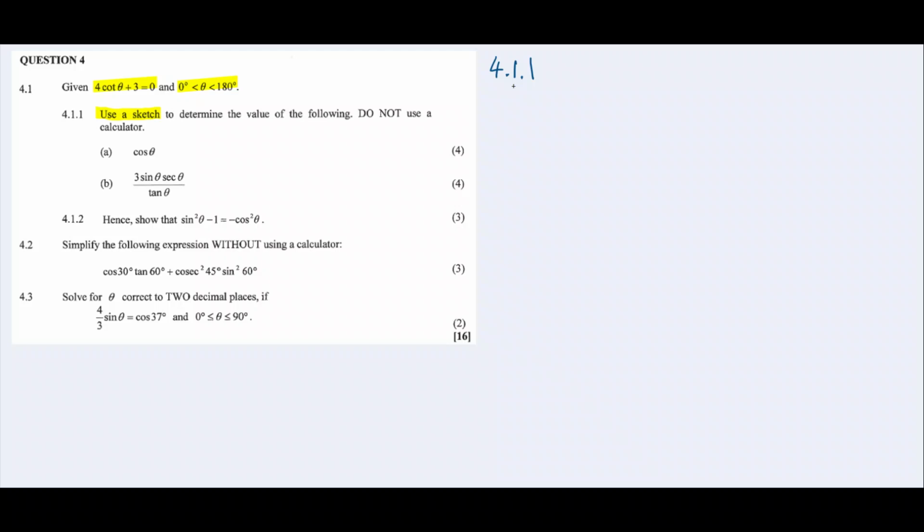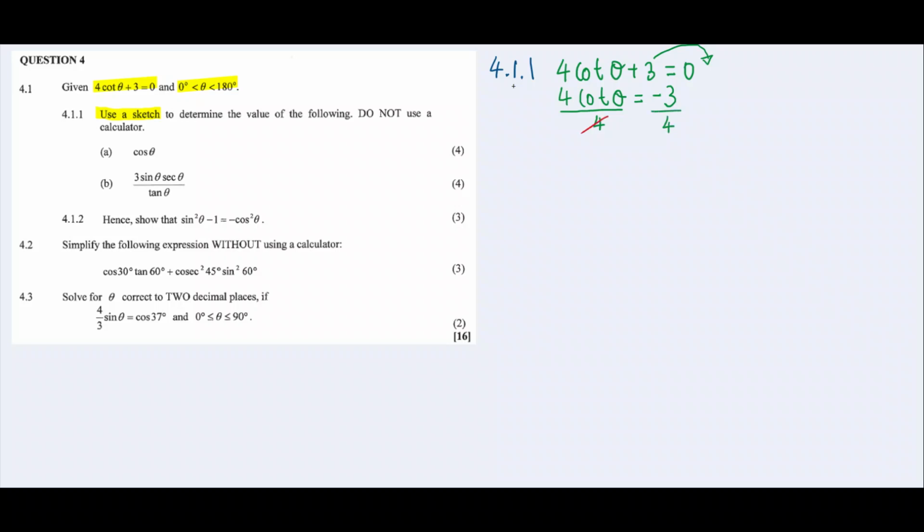So let's now determine the value of the following. We don't have to use a calculator, of course. So let's get straight into it. We've got 4 cot theta plus 3 is equal to 0. How do we deal with this? We can first get the trig ratio. We transpose the 3 to that side and we get negative 3.